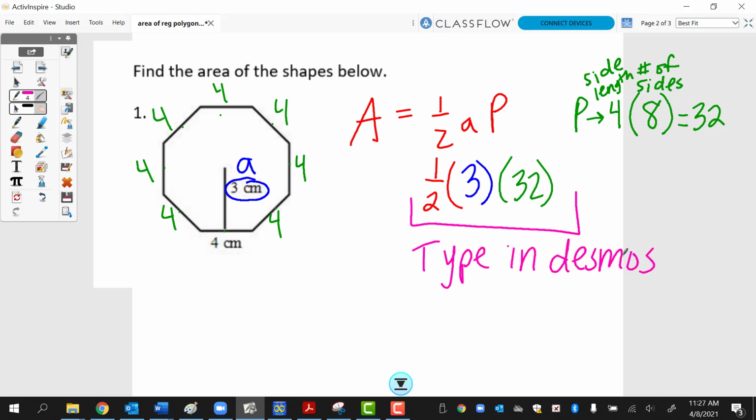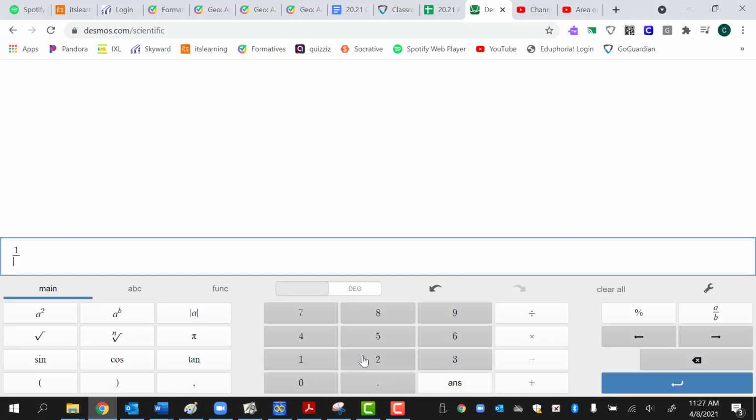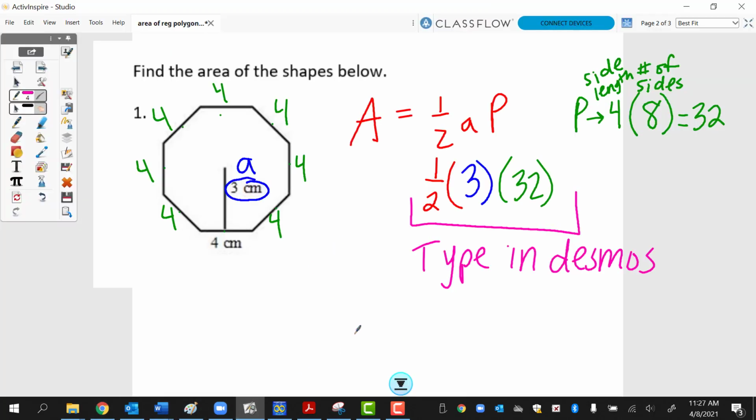So to the calculator: 1/2 times 3 times 32. And we got our answer is 48 for our area. So we're going to say A equals 48.